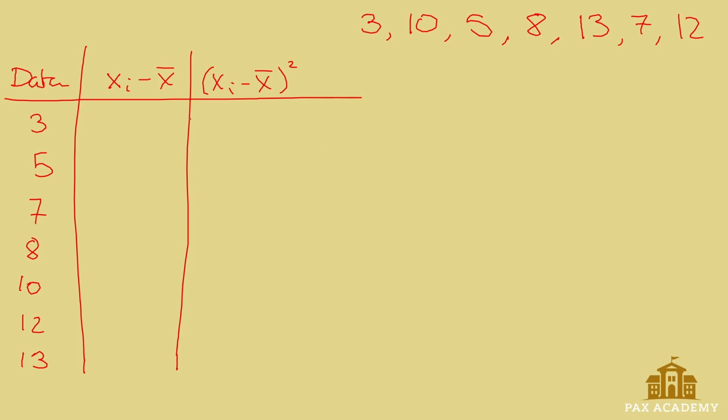Before we do that, remember, we need to find x bar, which is the sample mean. In order to find the sample mean, remember, it is the sum of xi's over n. The sum of xi's is whatever the data summed is: 3 plus 5 plus 7 plus 8 plus 10 plus 12 plus 13. So let's do that and see what we get.